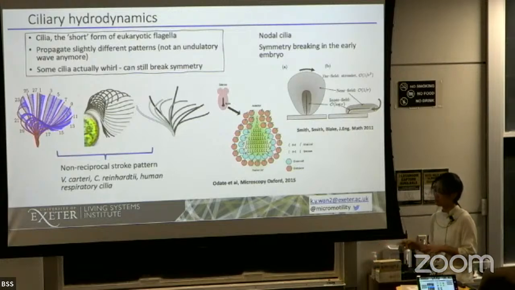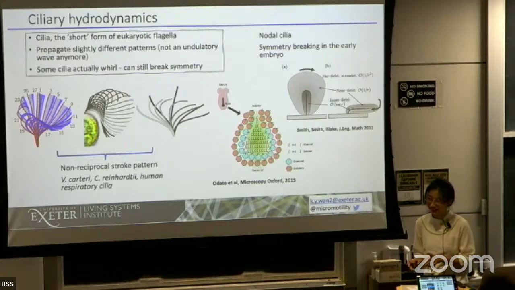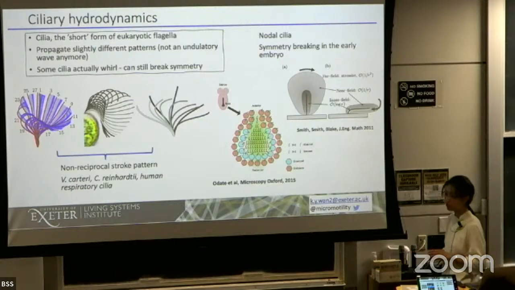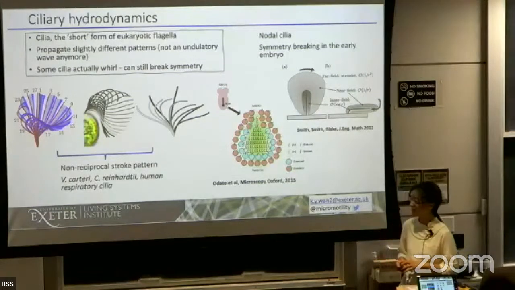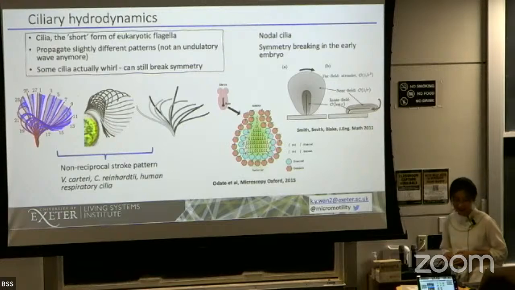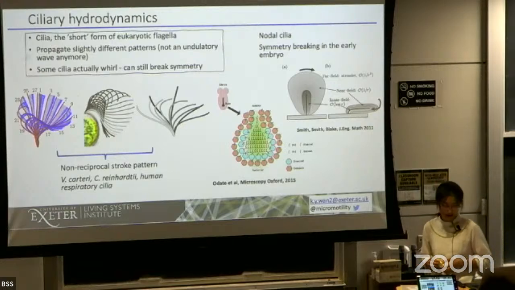And so to that extent, the quantification of any experimentally observed pattern is understood. But are you asking how these are generated? No, to quantify: you give me a pattern, and there's some number I can calculate to say how non-reciprocal it is and how much propulsion per stroke I would get. That you can do.